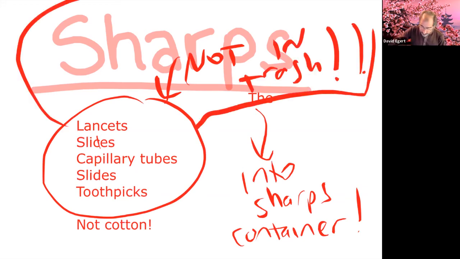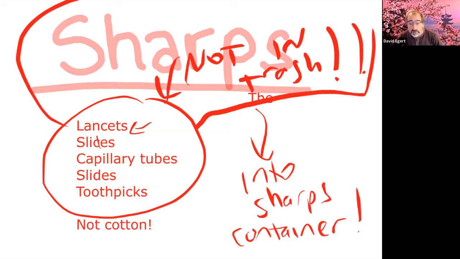You really want to keep track of where your sharps are, and make sure you don't just put them in the trash, because then some custodian emptying the trash has this little thing with contaminated blood that can slice through the bag and go through their skin. And all of a sudden, he's got some deadly disease, hepatitis or AIDS or whatever.